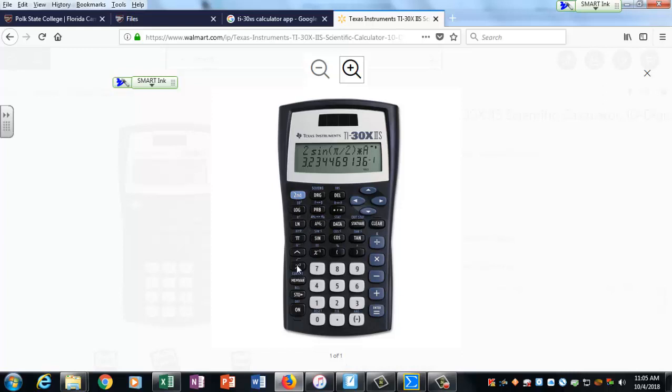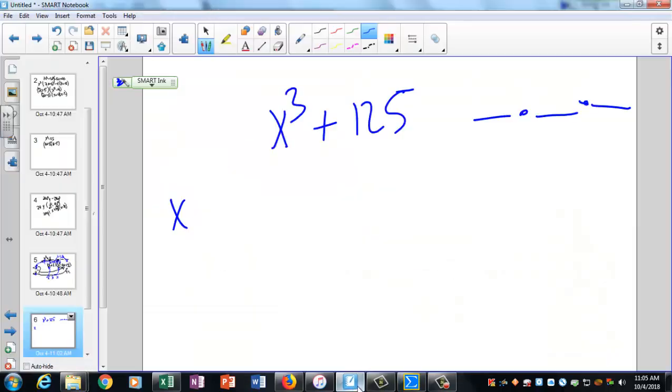So you'd hit 3 first, second, hit that caret key, and the way it would type in is it would look like this.